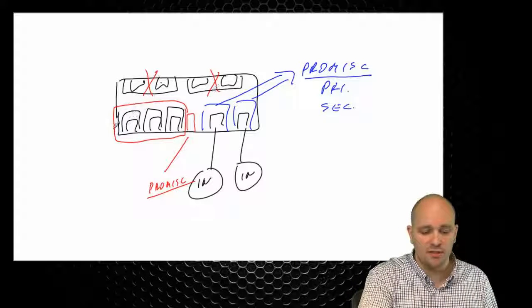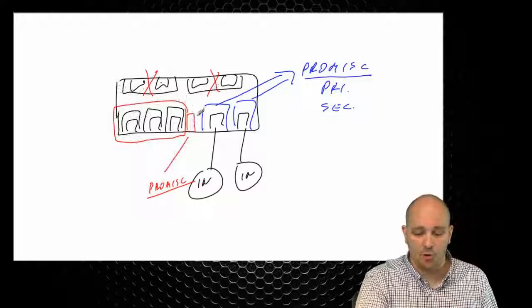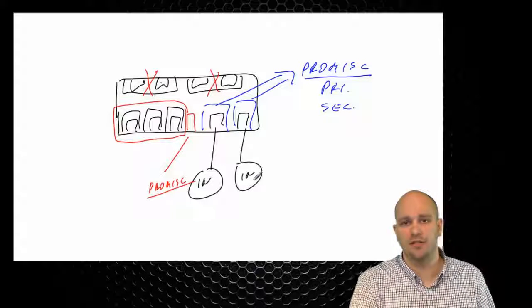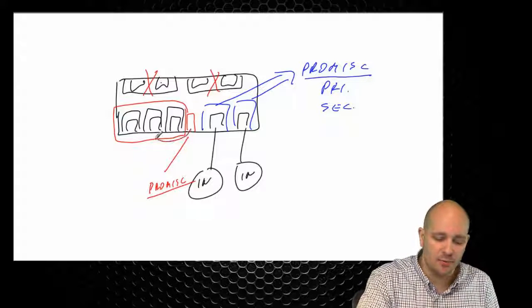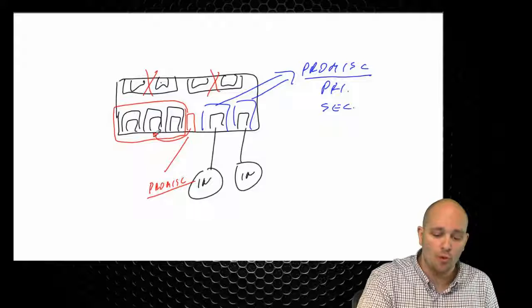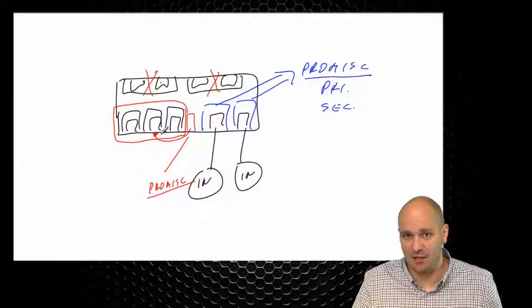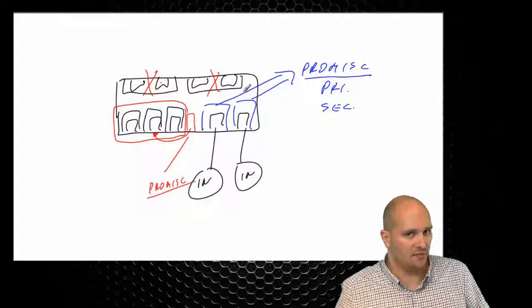In other words, I want these ports here to use this internet gateway, and these ports here to use these redundant internet gateways. If that is the case, I can associate this promiscuous port in the primary VLAN with only this secondary VLAN. I'm not going to be servicing these secondary VLANs.